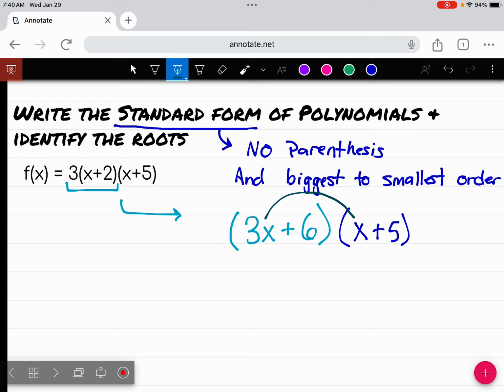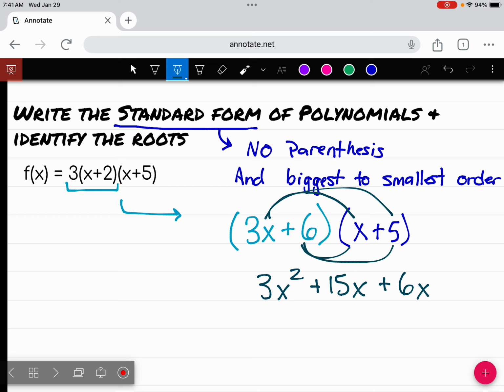We're going to take our 3x times x, and we're going to get our 3x squared. We're going to take our 3x times our 5 to get a 15x. We're going to take our 6 times the x to get a 6x. And our 6 times the 5 to get 30. Sorry, my brain got stuck on that one for a second.